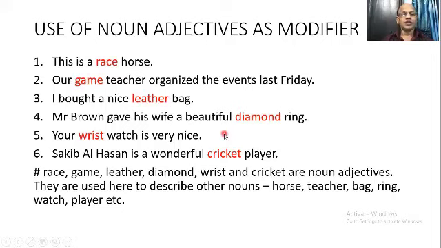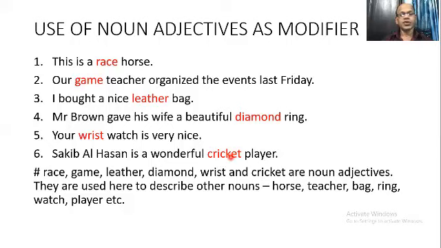Your wristwatch is very nice. Wrist, a noun, you see, but it modifies the watch, so it is an adjective here. Shakib Al Hasan is a wonderful cricket player. Cricket is a noun, but it is used here as an adjective. So dear students, here in the sentences, race, game, leather, diamond, wrist, and cricket are noun adjectives.